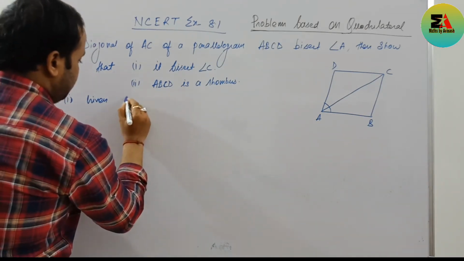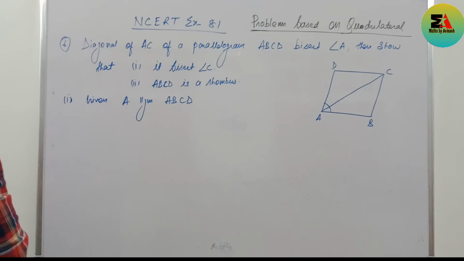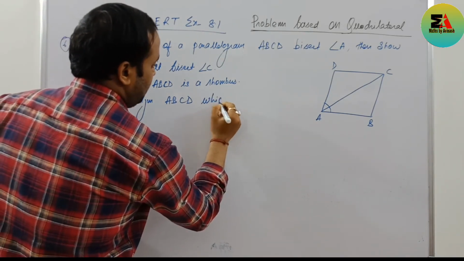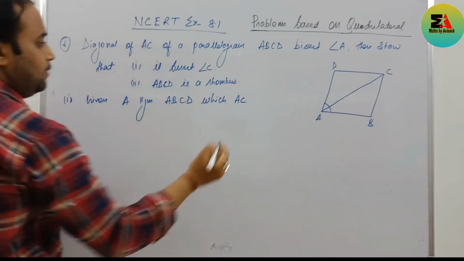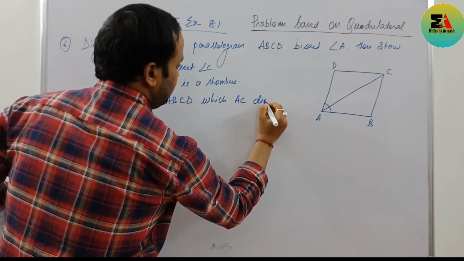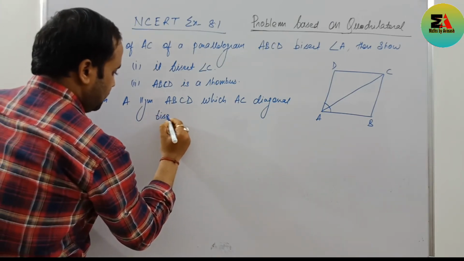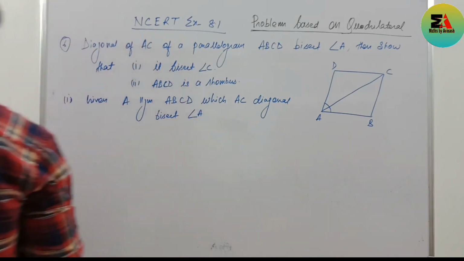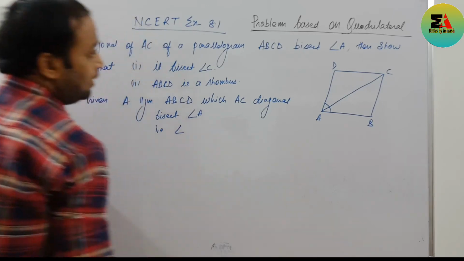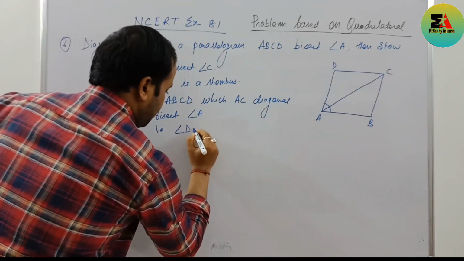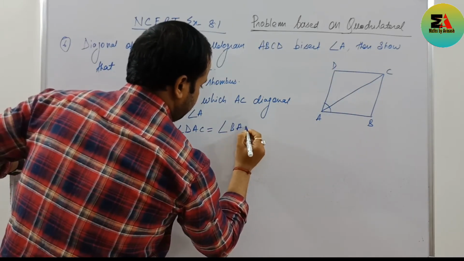A parallelogram ABCD in which diagonal AC bisects angle A. When it bisects angle A, it means angle DAC equals angle BAC. Clear?